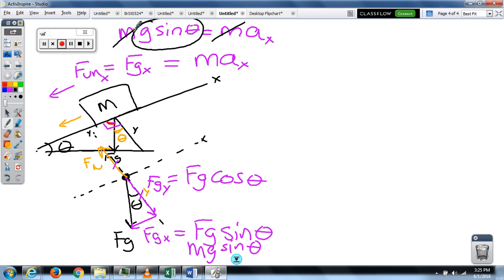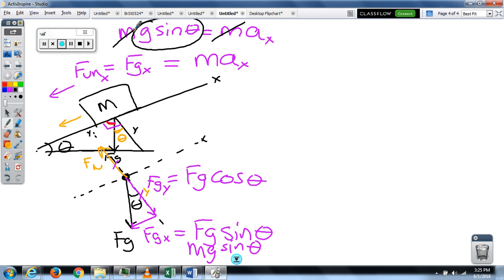For instance, if theta was 30 degrees, sine of 30 is a half, so the acceleration down the ramp would be half the free fall acceleration. The higher the angle, the larger the fraction will be, and so the higher the acceleration would be.